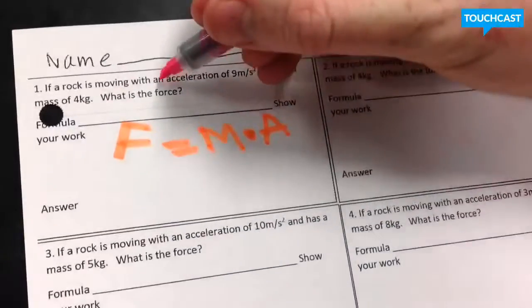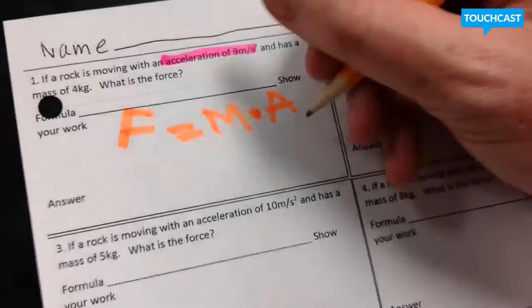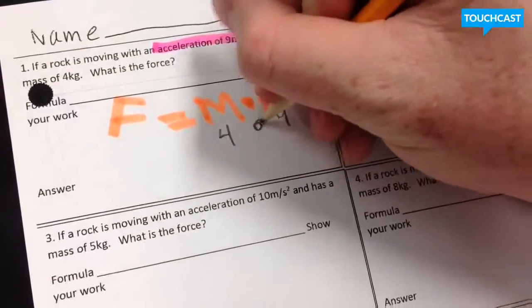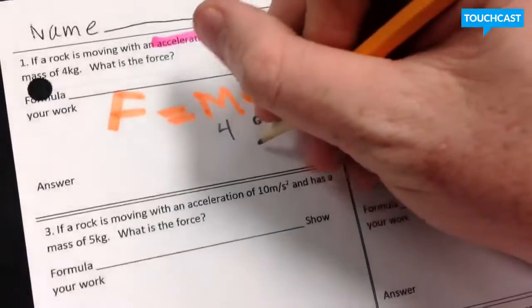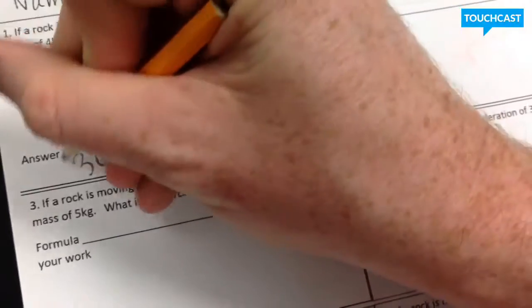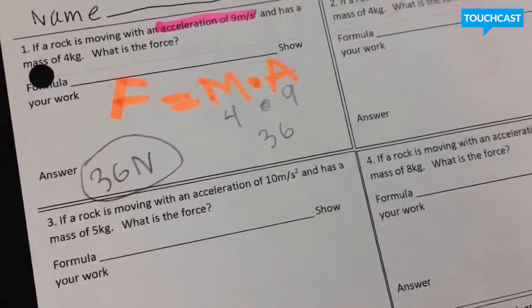Your acceleration is going to be 9. So you put 9 underneath your acceleration. Your mass is going to be 4. You put 4 underneath your mass, and it says to multiply, so you multiply, giving you 36. So your answer would be 36 newtons. And that's basically all you need to do on that worksheet.